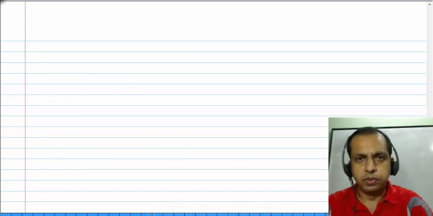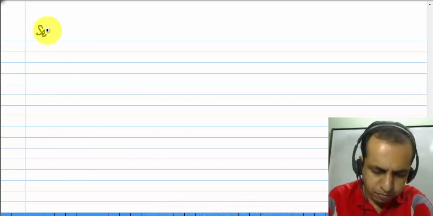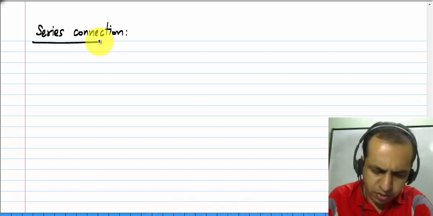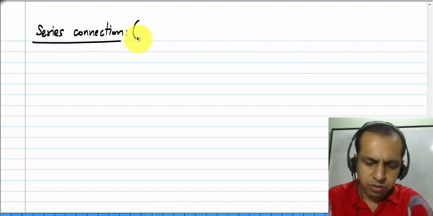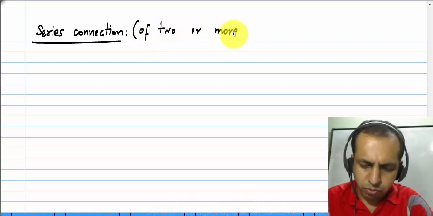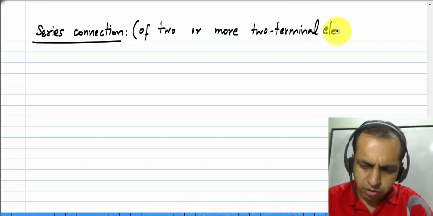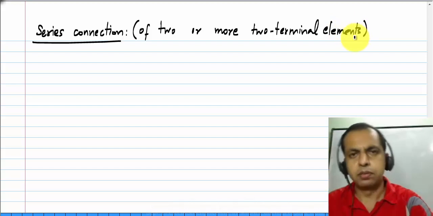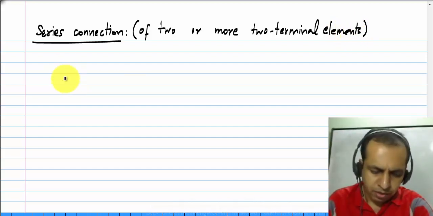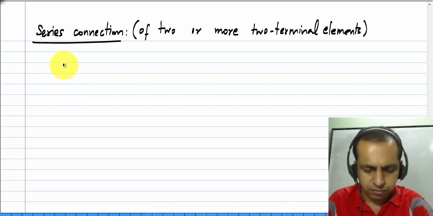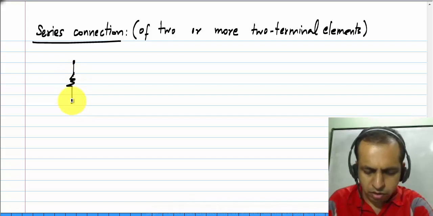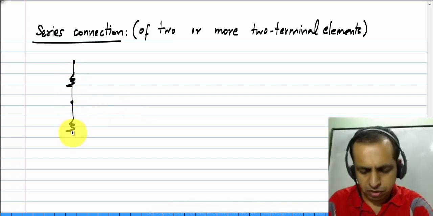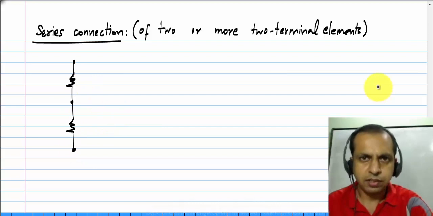So, first let us look at what is known as a series connection. So, this refers to series connection of two or more two terminal elements. So, for instance, we could have one resistance and another resistance and connect them in series.